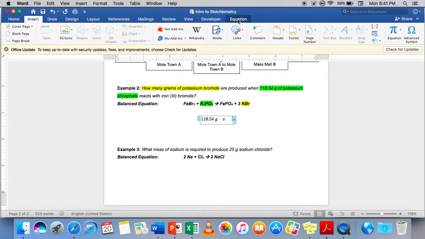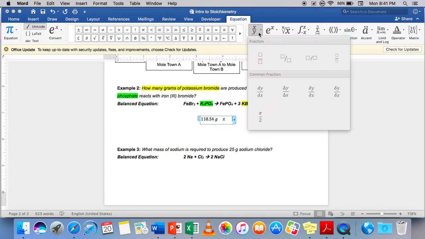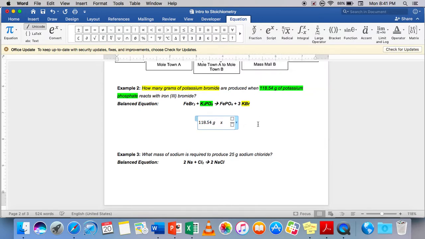If you want to insert a division symbol when you are in the equation editor, you go to the fraction, and you would get something like that. I put 1 mole on top, and I need my molar mass. Well, I'm in potassium phosphate, K3PO4.